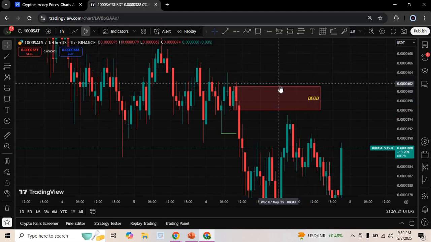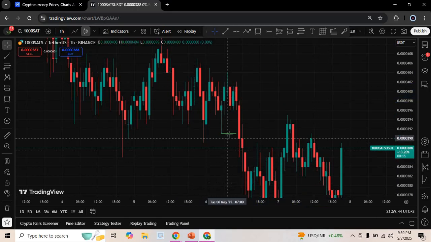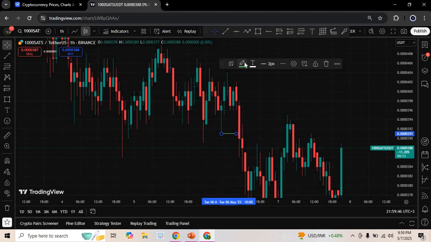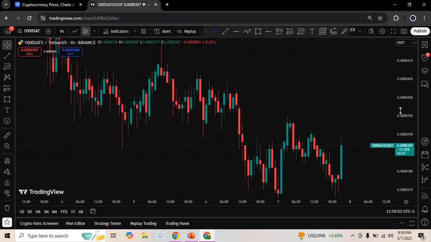And if you want to delete the whole of it, click on that also, or change the thickness of these borders, you can come and enlarge like that. And if you want to delete, just come to this menu and click that. If you want to delete this, the same thing. These are all the tools that you can use to edit, and if you want to delete, you can delete from that part right here.